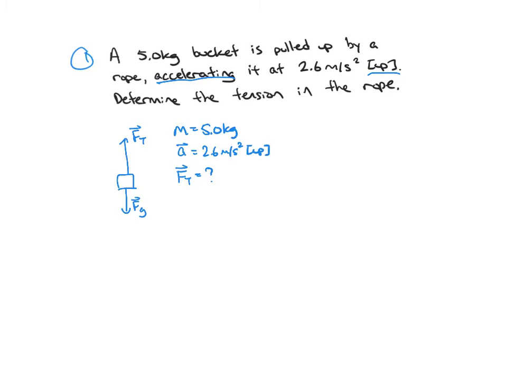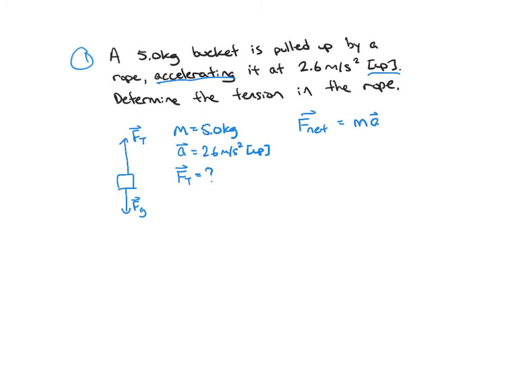And to do this, I will apply Newton's second law. Net force equals ma. There's only 2 forces on the free body diagram, so the net force is just what happens when you put those 2 together.